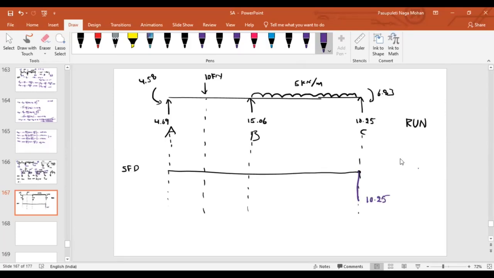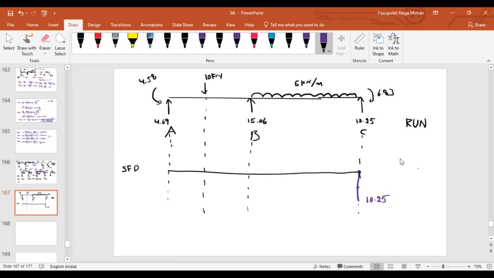And look at B. As there is a UDL force here, how will the shear force vary? If there is a UDL on the beam, the shear force will vary linearly, constant, or parabolic?